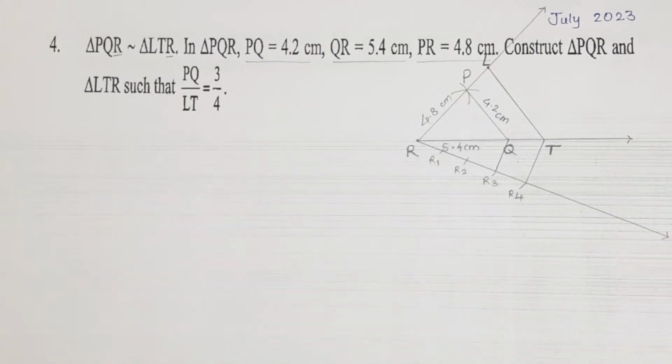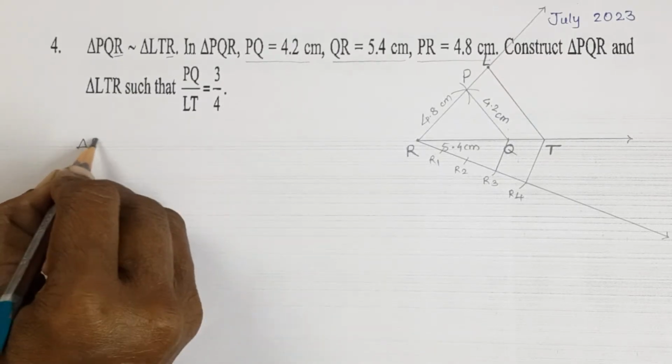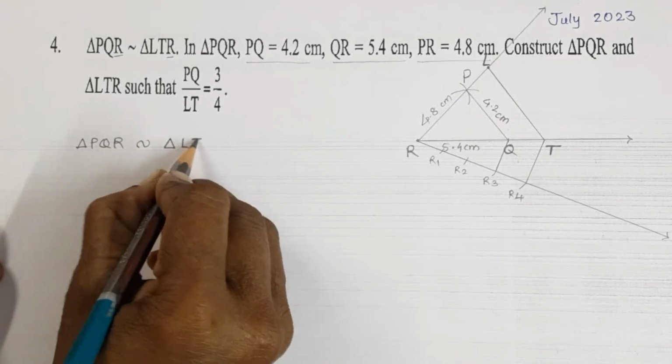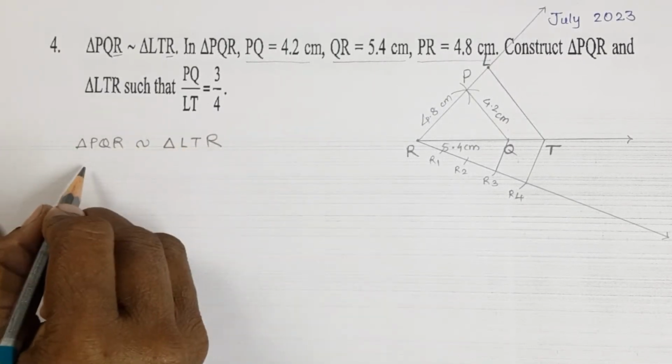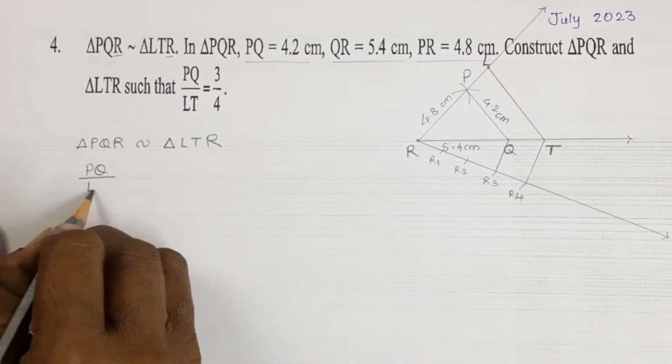Okay students, but before that there is a calculation. First do the calculation students. So what is the calculation here? First I write down triangle PQR is similar to triangle LTR. Therefore the side ratios are equal.